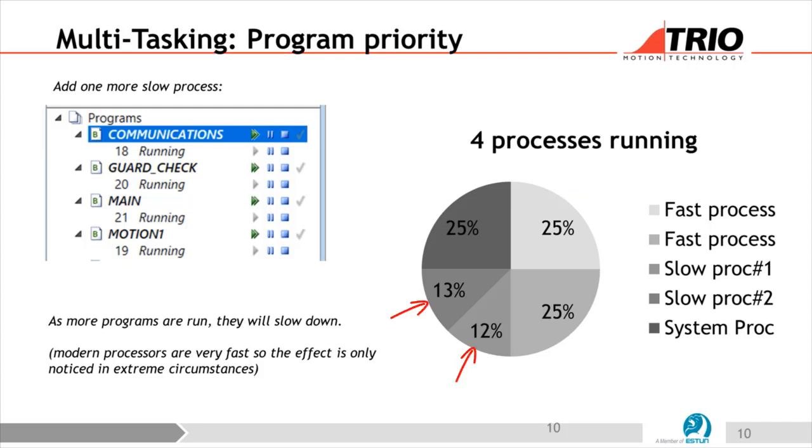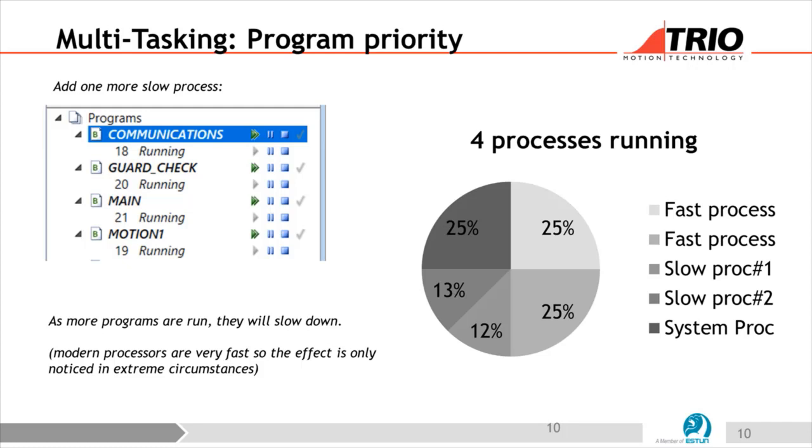So if I run 2 fast ones and 10 of the others, they all have to share this little slice here, which means obviously they're only going to get processed once every 10th millisecond, effectively. 1 in 10 milliseconds.